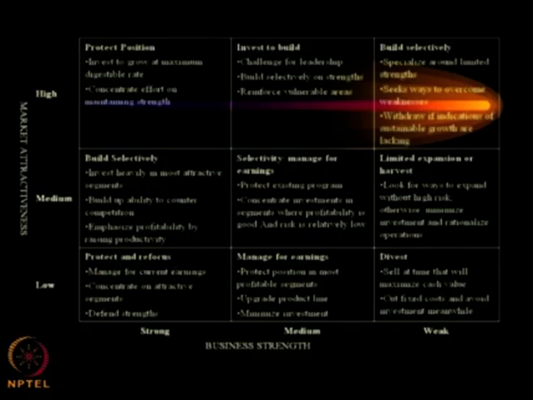You protect yourself, that is the unit should protect itself and refocus. What do we mean by this? Manage for current earnings. So, without great investments, you start managing the current earnings. Concentrate on attractive segments, defend strengths.